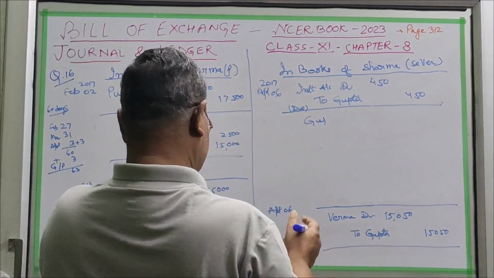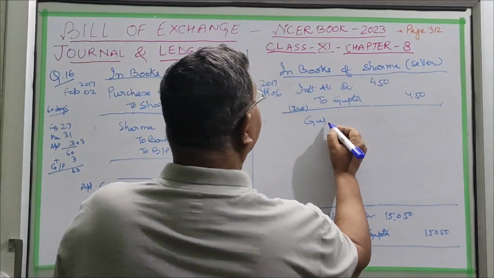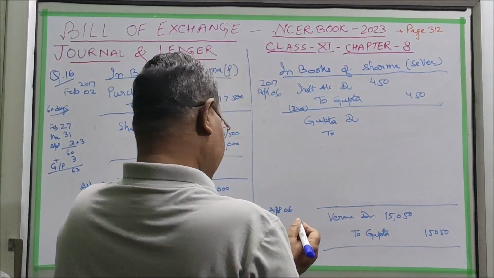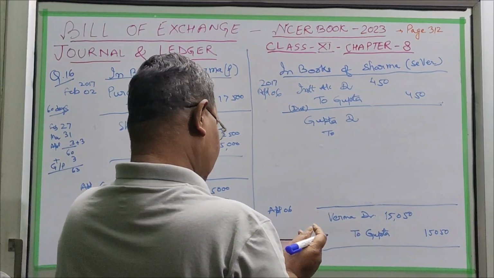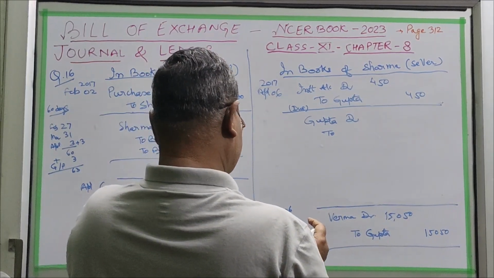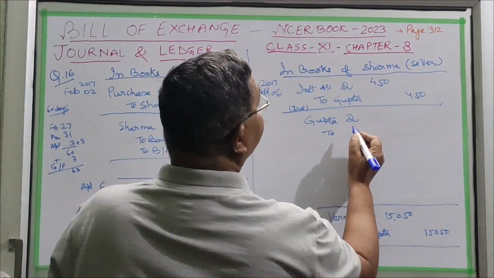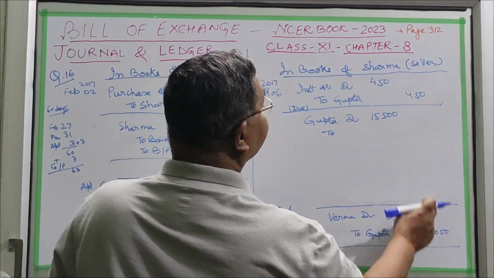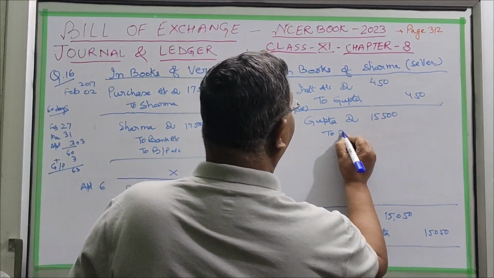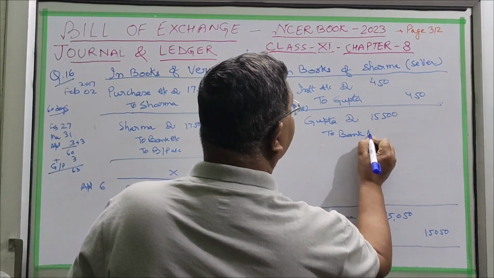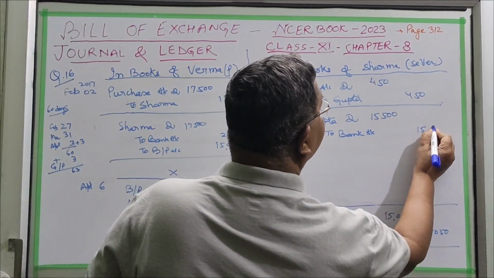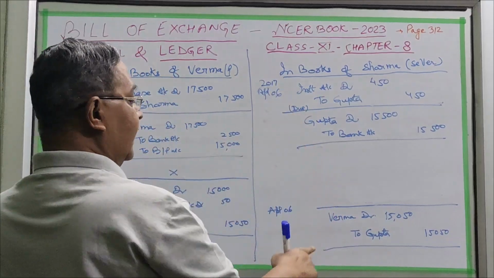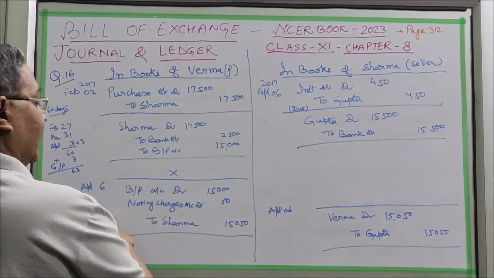So he will write Gupta debit to bank, which includes noting charges and interest account. So 15,500 to bank account.